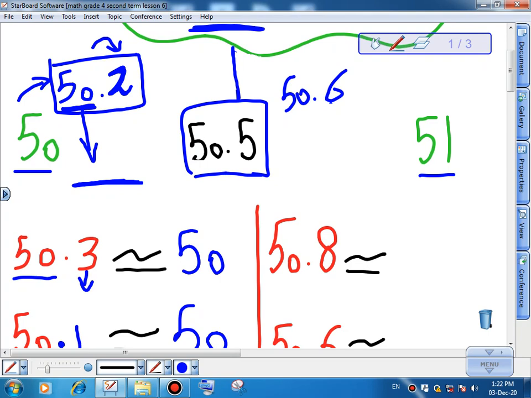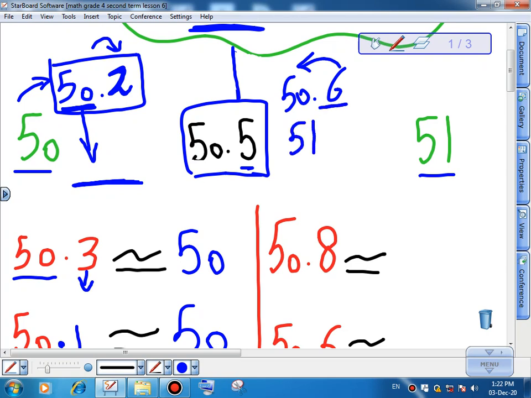But if the decimal part is greater than or equal to 5, like 5, 6, 7, 8, in this case we will increase the whole part by 1. How is that? I have 50.6. I will increase the whole part by 1: 50 plus 1 will be 51.